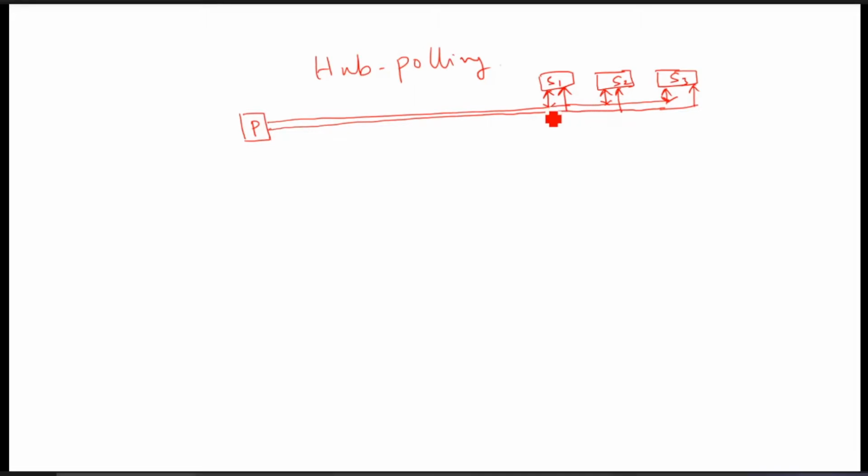So in this way it will continue from secondary to secondary, and each secondary adds its own response message to the tail of the original message, right? And the whole thing will be relayed to the primary, and on receipt of this composite message, there will be a composite response.